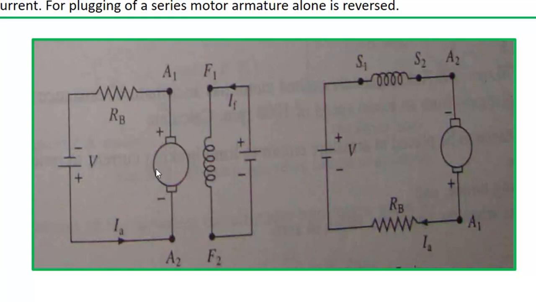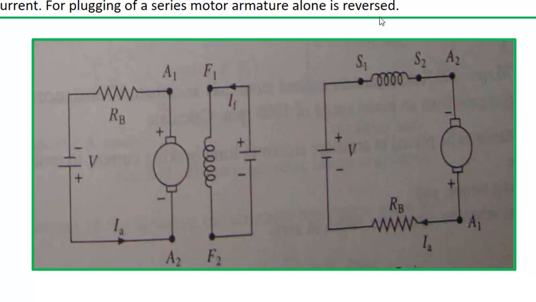Now this voltage plus this voltage adds up and it will be dissipated across this resistance. Ultimately, the speed of the motor will come down to 0. Then if the supply remains connected across the armature, it will rotate in the opposite direction. If you want to stop the motor, then remove the supply when the motor reaches 0 speed.